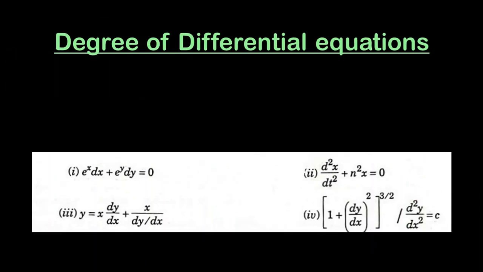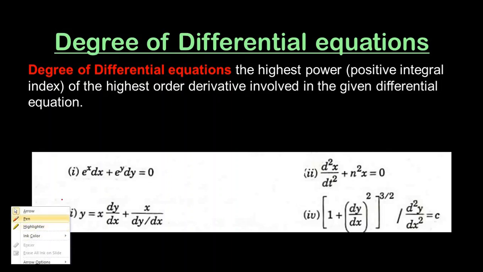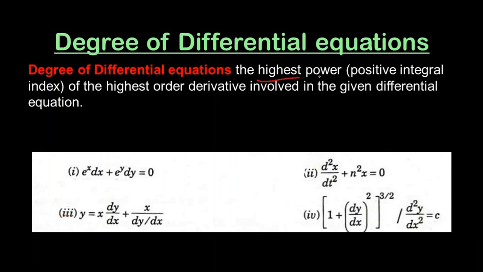Now let us know what the degree of differential equation means. So degree is the highest power. Okay, it is not the order. It is the highest power of the highest order derivative. How do we identify power?